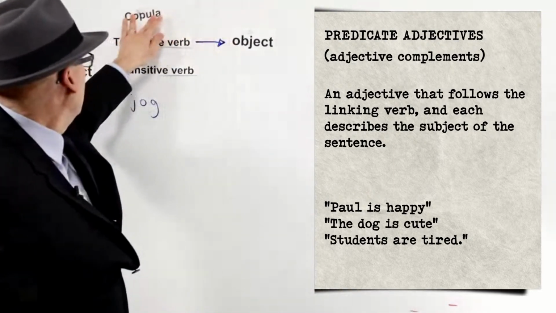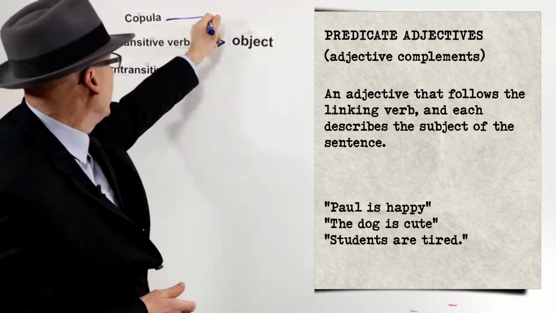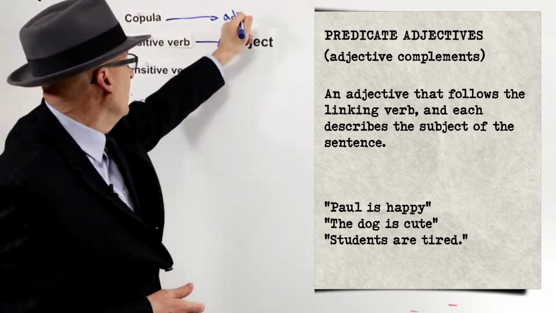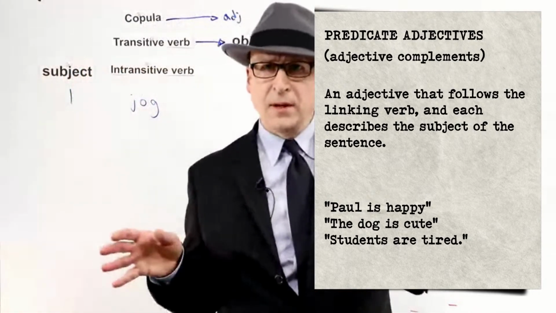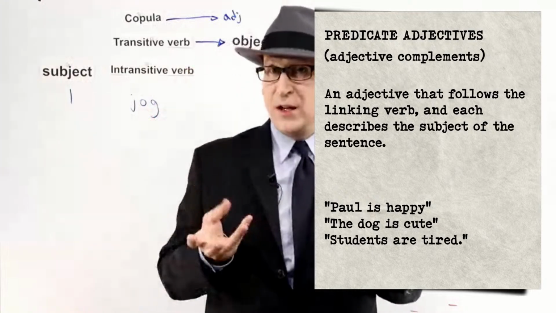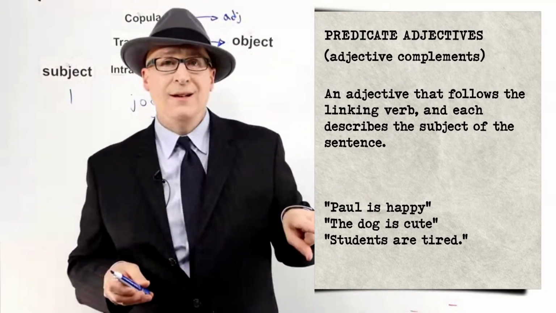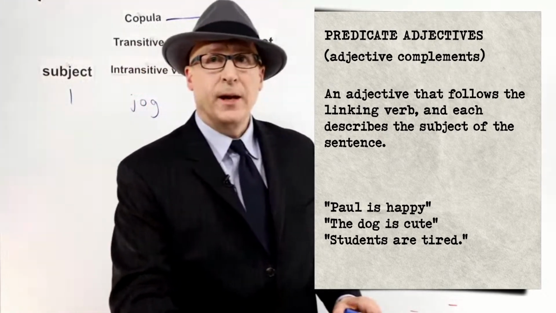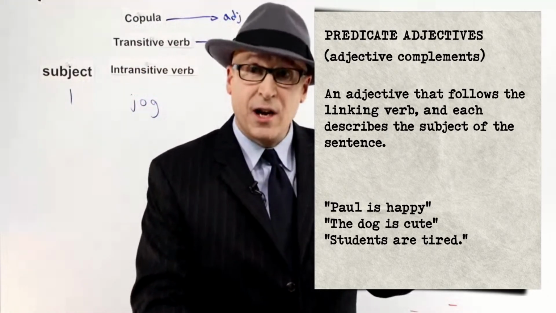That's another possibility. We can have adjectives after a copula. Now there are other copulas like seems, looks, feels, but the most common one that you really should master is the be verb. Let's look at another thing that can come after the verb.